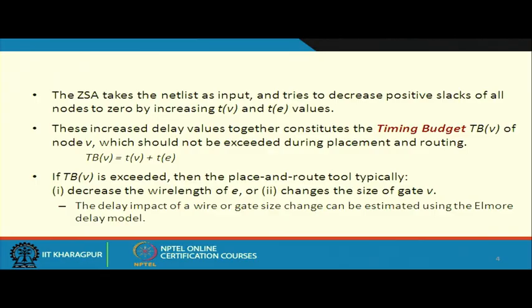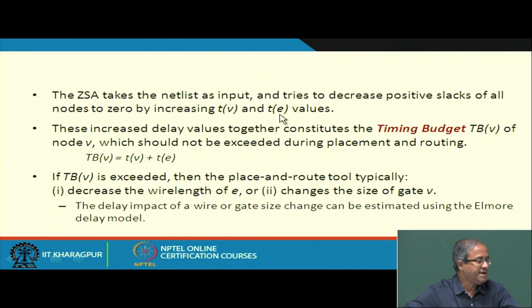Fine. So, what we are doing is that we are trying to decrease the slacks to 0 by increasing TV and TE, that constitutes the timing budget. So, the timing budget for a node or a vertex V is defined as the delay of that particular gate plus the delay of the output net.